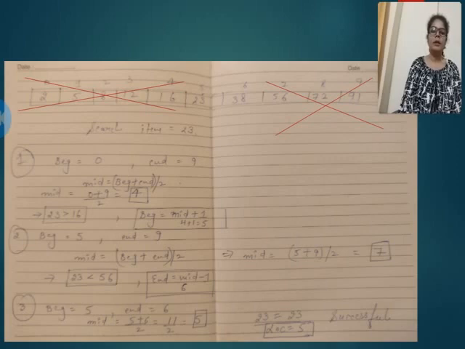The first element is stored at location 0, which means the lower bound of the array is 0, and the last element is stored at the 9th location, which means the upper bound of the array is 9. 0 is the lower bound, 9 is the upper bound. 0 is the beginning, 9 is the end.